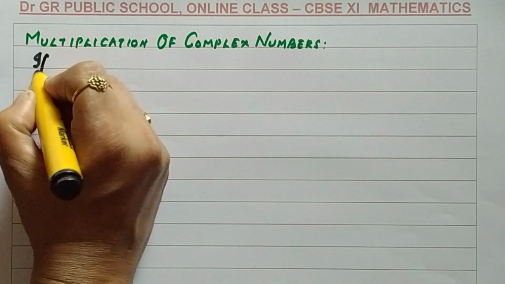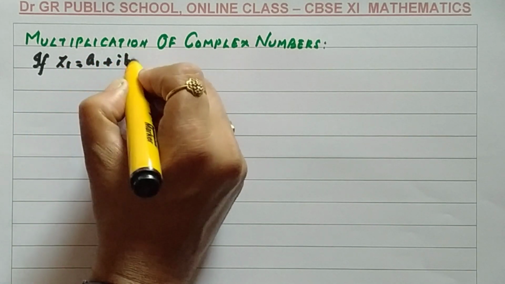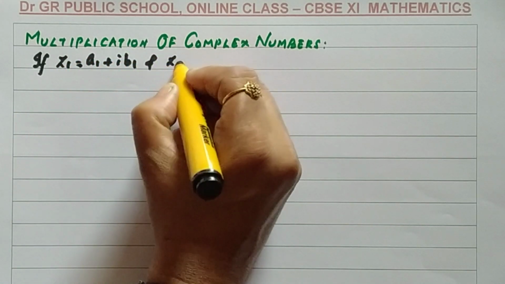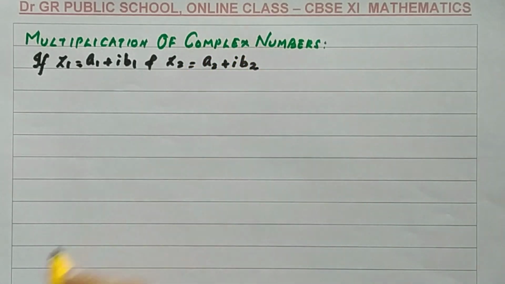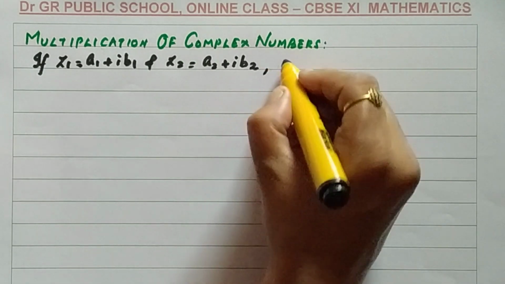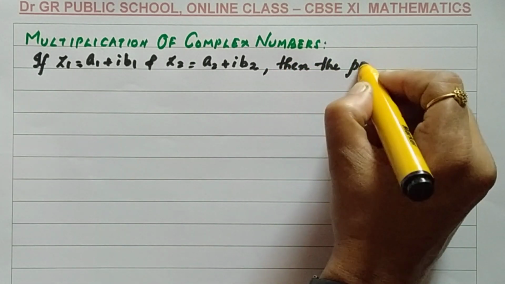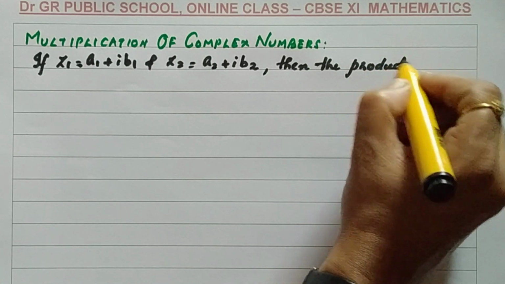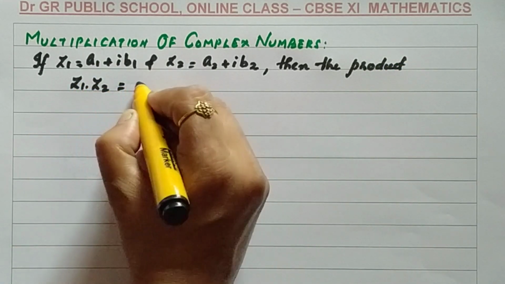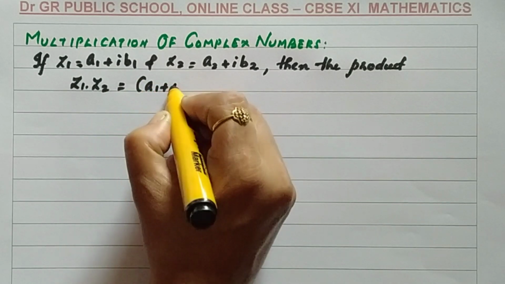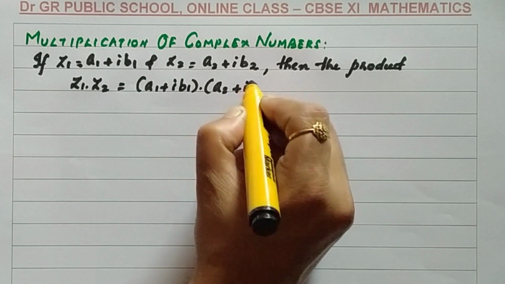If z1 equals a1 plus i b1 and z2 equals a2 plus i b2 be two complex numbers, then what is the product of those two complex numbers? The product z1 into z2 equals a1 plus i b1 into a2 plus i b2.